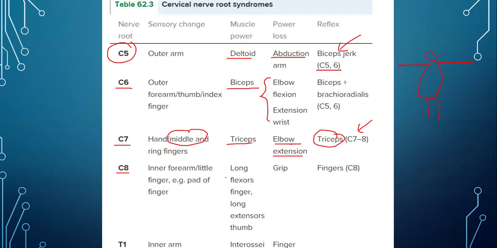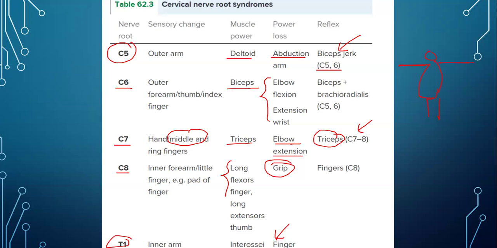C8 mainly moves the flexors of the finger. So finger flexion is done by C8. And if finger flexion is lost, patient will lose the grip movement, right? And abduction of the finger, that means finger is spreading, that is done by the T1.